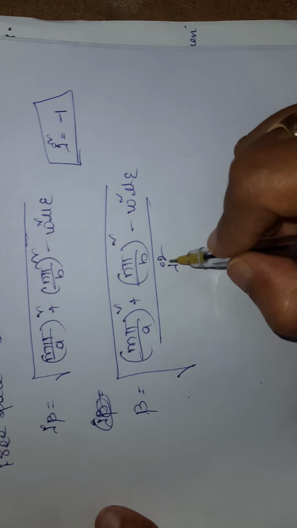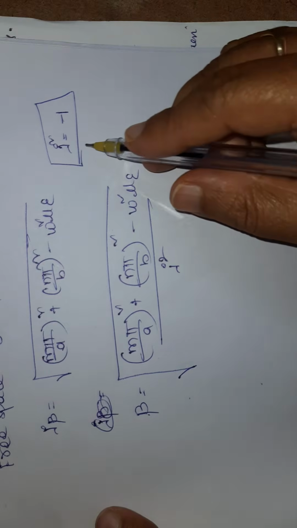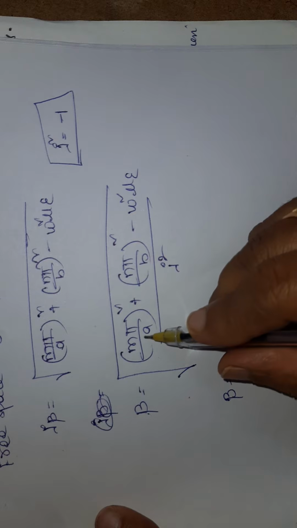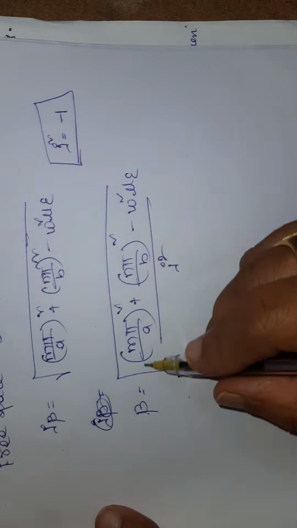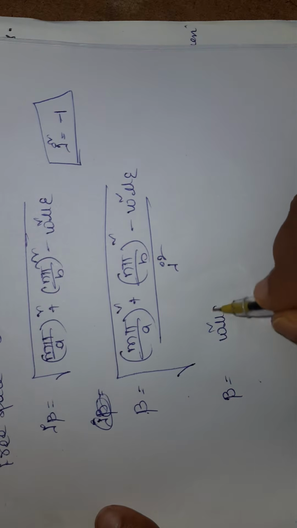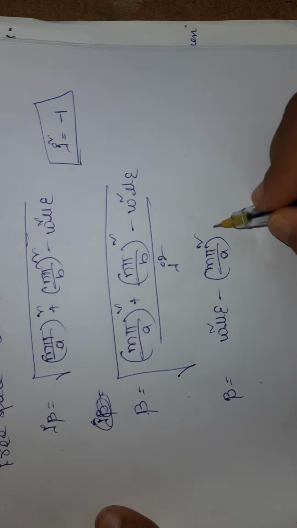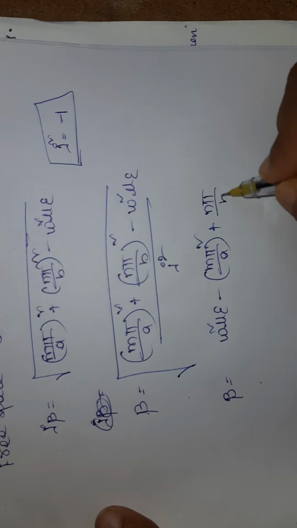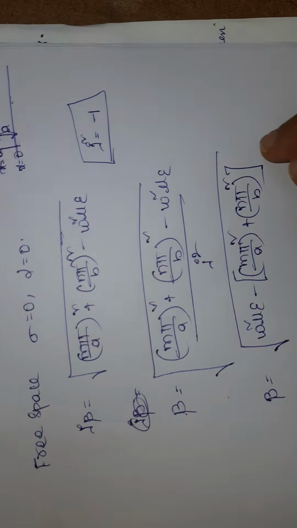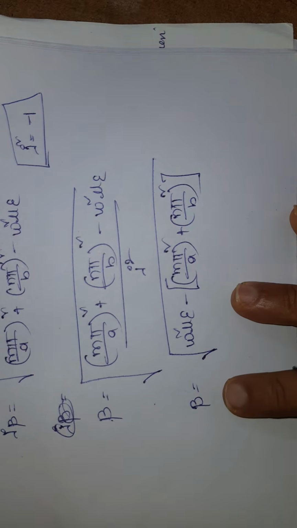I will have only j, and I will get only beta here. So j square is minus 1. So what is beta? I am multiplying inside such that this one will get minus and here it is plus. So beta is the square root of omega square mu epsilon minus m pi by a whole square plus n pi by b whole square. Just I have removed j from the left-hand side.